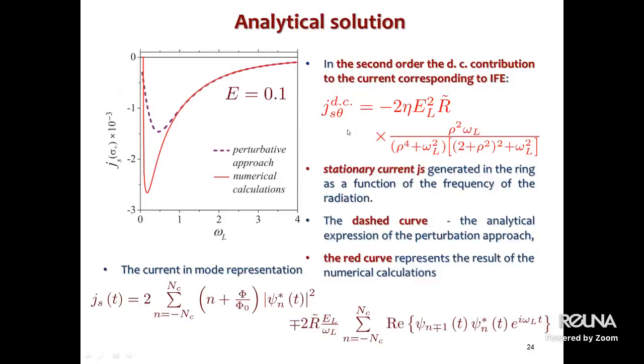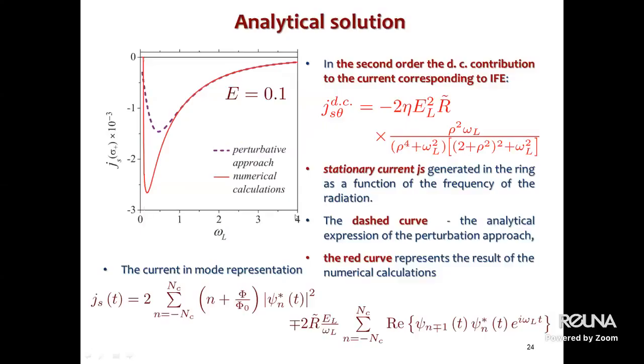In the second order of perturbation, we can find the constant or persistent or DC contribution to the current, and it corresponds to the inverse Faraday effect. This figure shows the stationary current generated in the ring as a function of the frequency of the radiation with constant amplitude.